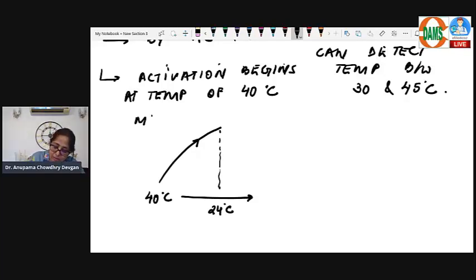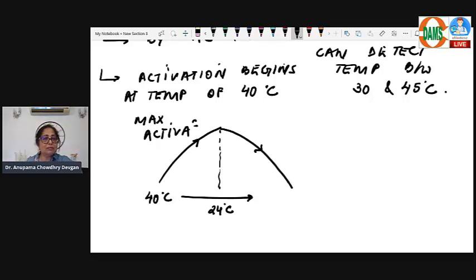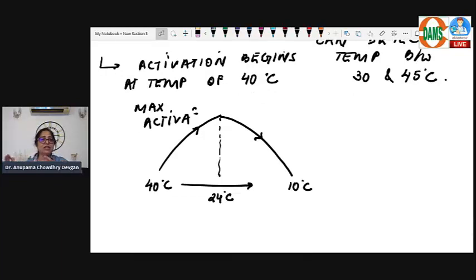When you place an object at 24 degrees Celsius on the skin, there is maximum activation of the cold thermoreceptors, then the activation reduces, and below 10 they stop responding. This is the unique activity of the cold thermoreceptors. The activation of the cold thermoreceptor will begin if I place an object at 40 degrees Celsius on the skin.